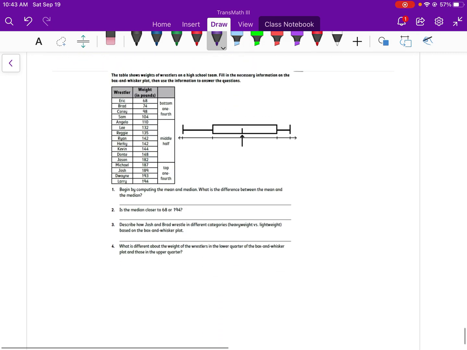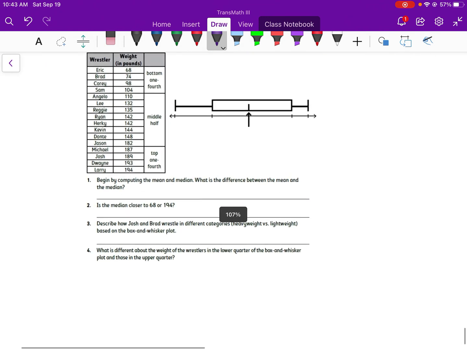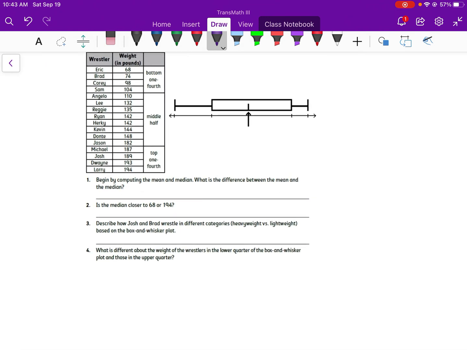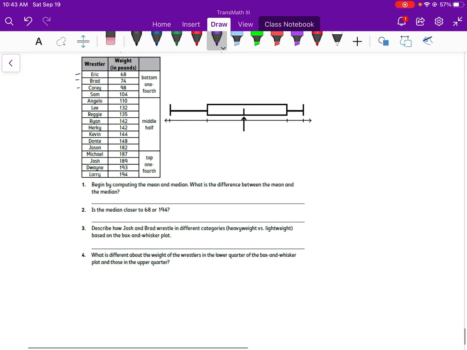Okay, problem solving activity. What was the difference between the mean and the median? When we're doing that, again, you need to add all those values up and divide by, in this case, 1, 2, 3, 4, 5, 6, 7, 8, 9, 10, 11, 12, 13, 14, 15, 16.